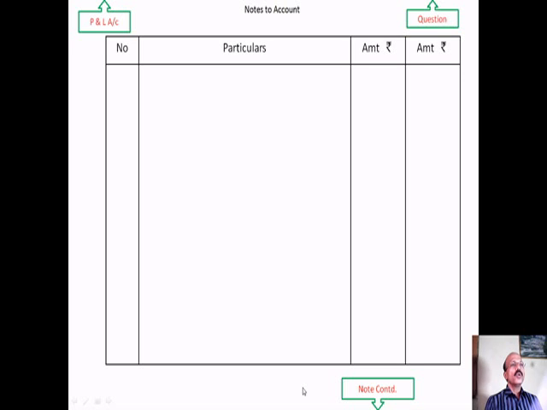So draw notes to accounts having four columns. Column number one is a note number, second one is particular, third one is amount, fourth one also amount, these two inner and outer amount formats. So we are going to prepare profit and loss account and notes to profit and loss account.